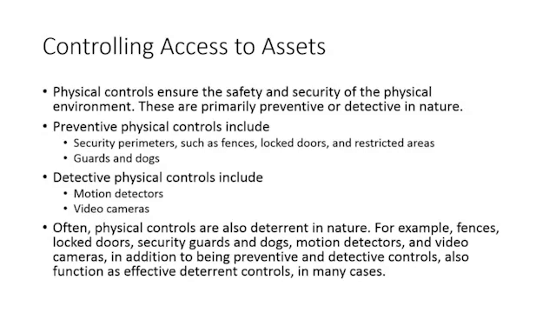You're walking up to the gate, there's a guard with a dog. Well, yeah, they're going to prevent me from getting in probably, but it's also going to deter me because I'm going to see it and probably walk the other way, right? I don't want to mess with a German Shepherd or anything like that. So those could be pretty effective deterrent controls, along with detective and preventative controls like we talked about.